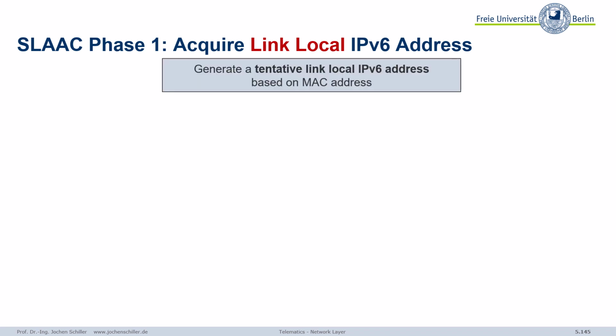So what we do is, first of all, we generate a tentative link local IP version 6 address based on our MAC address. Because we have so many address bits, we have the MAC address, 48 bits, we can use the MAC address and generate now a link local address that's only valid in the link.